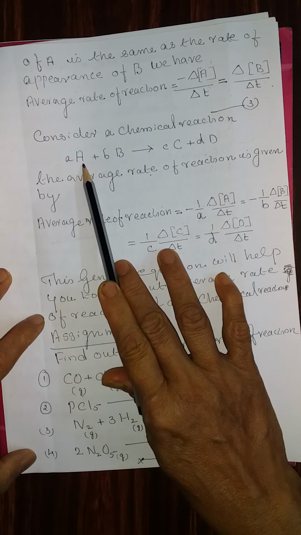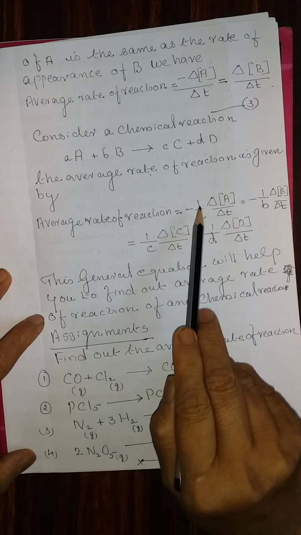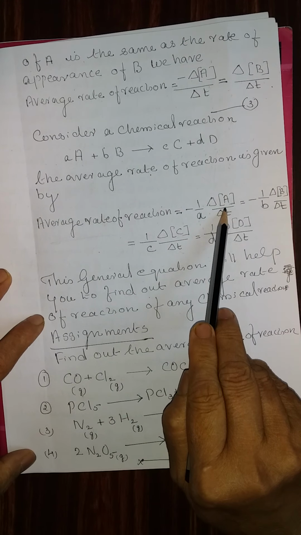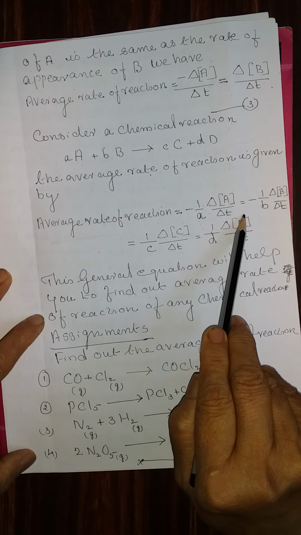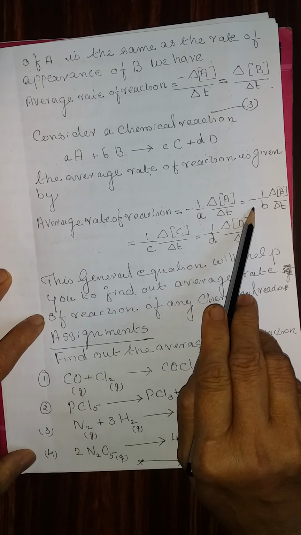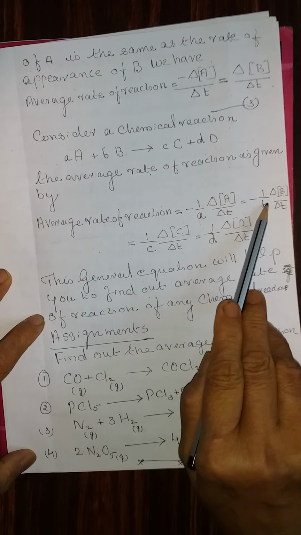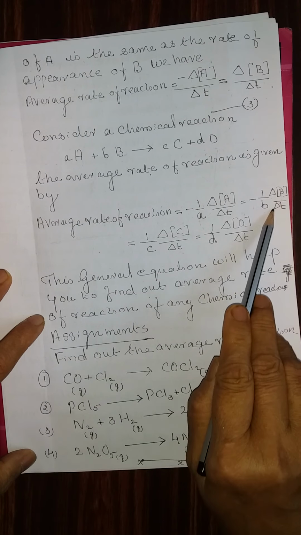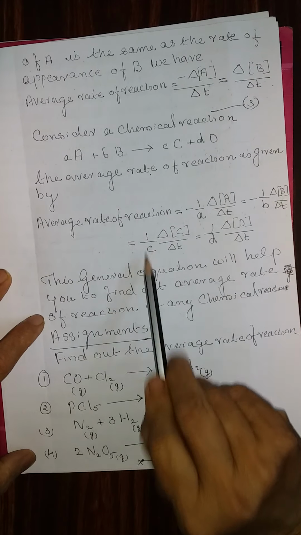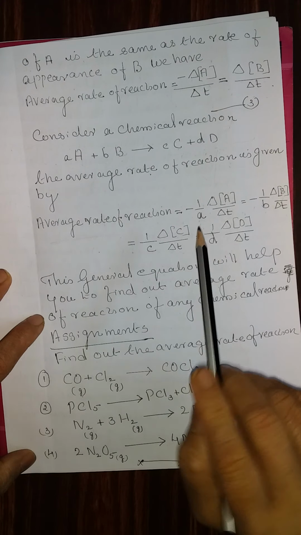since A is a reactant, it decreases, therefore minus 1 by a, where 1 by a represents the stoichiometric factor, delta concentration of A divided by delta T, is equal to another reactant that also decreases, therefore minus 1 by b, that is the stoichiometric factor of B, into delta concentration of B by delta T, is equal to 1 by c, that is the stoichiometric factor of C. Since it is a product, no need of minus sign.